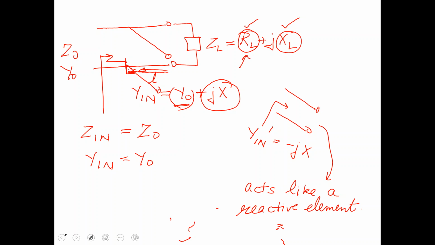And in a transmission line, that is really very simple to do, because we know open circuit and short circuit transmission lines are either going to be inductors or capacitors depending on the length. So basically we go back to a distance where the real part becomes equal to Y naught. We have corrected the real part and we live with whatever is the imaginary part, and then we put an element which gives us an equivalent imaginary part to the circuit.